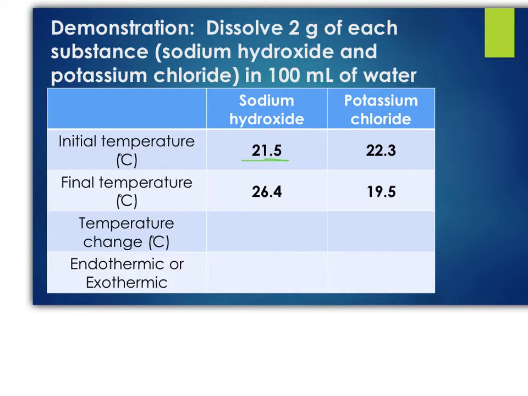And after mixing the sodium hydroxide into it and dissolving it, it increased to about 26.4 degrees Celsius. So if we find the temperature change, that is the difference between these two, so that would be 26.4 minus 21.5.